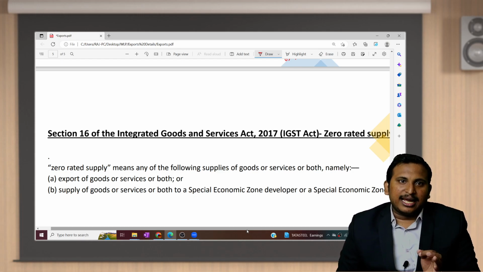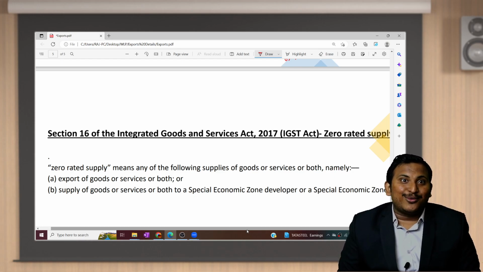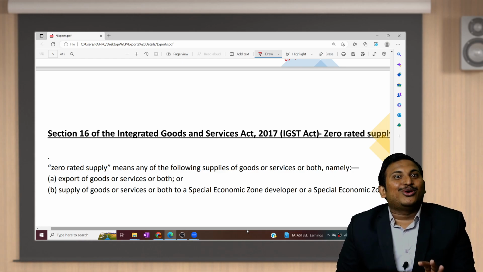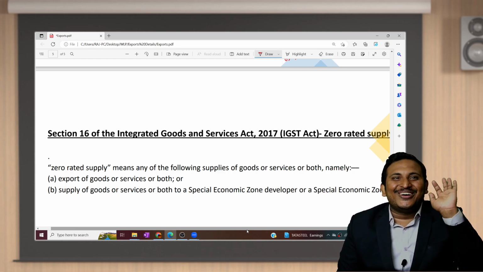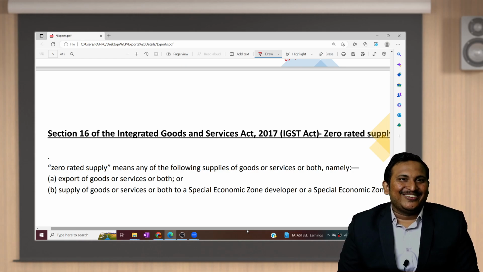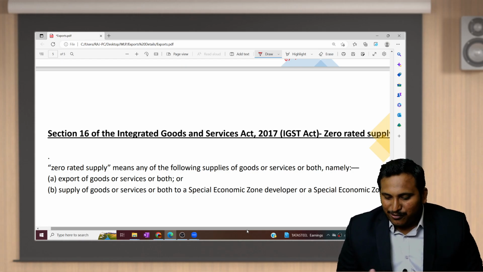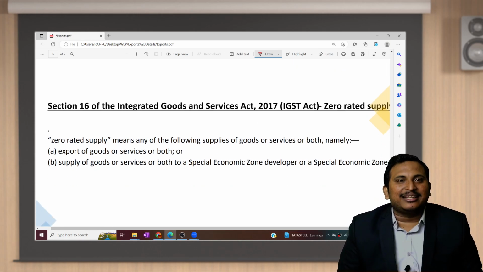Within 2 minutes, I'll show how to furnish the LUT, because no client will know how to furnish it. It is you who have to do everything. You cannot say no, I will file only the return. You have to do every incidental activity also. So I will show you how to furnish the LUT, but before that, let me complete this last one and then we'll proceed.